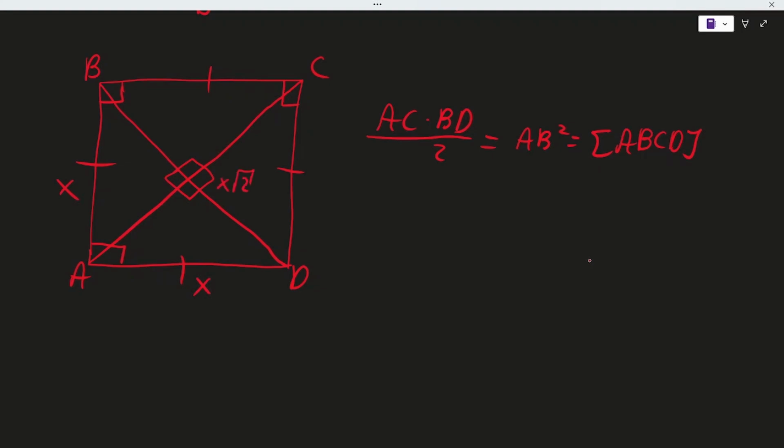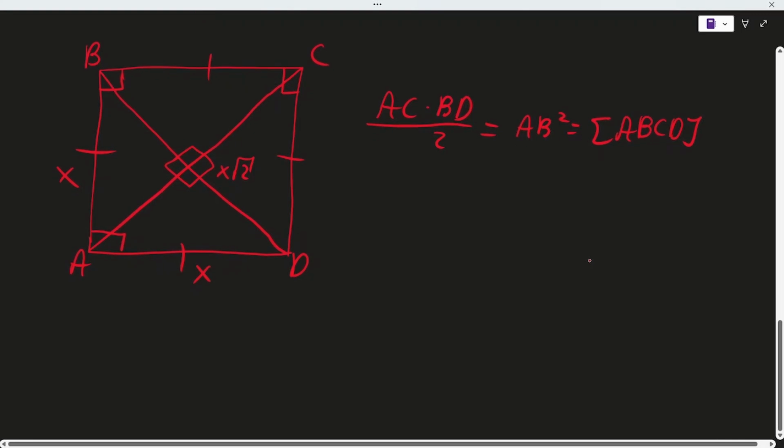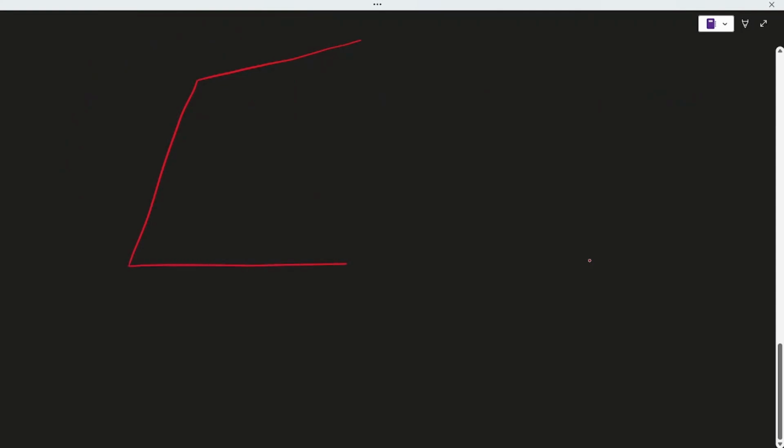And the final example for today's video is orthodiagonal quadrilaterals, which are less well known. And this is the case when diagonals are perpendicular to each other.